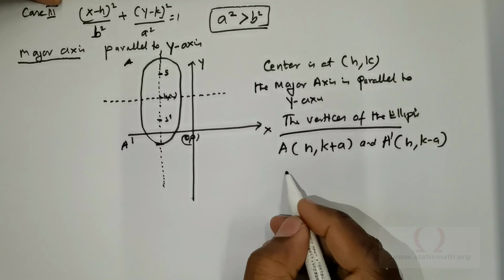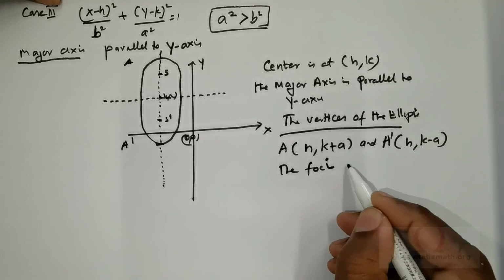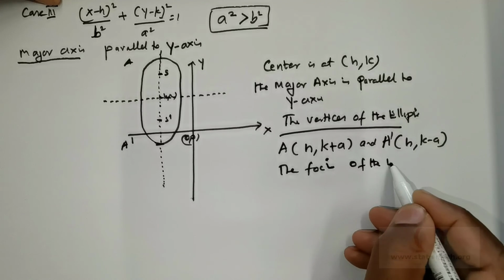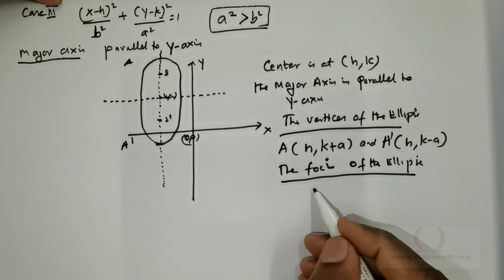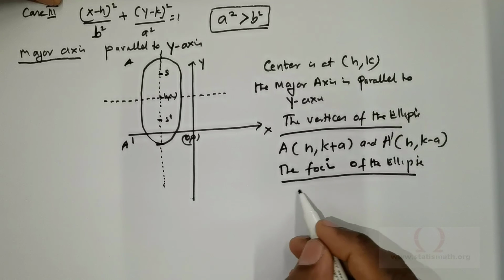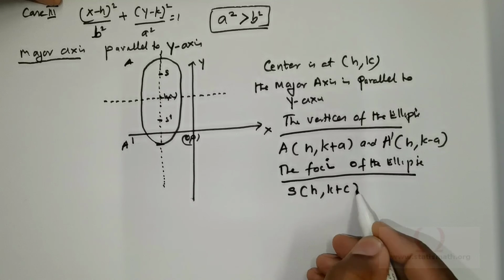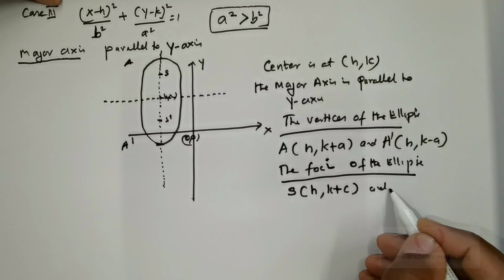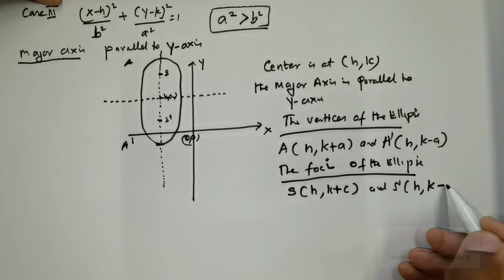That is the vertex. Now what are the foci of the ellipse? That is going to be S at (h, k plus c) and S dash at (h, k minus c).